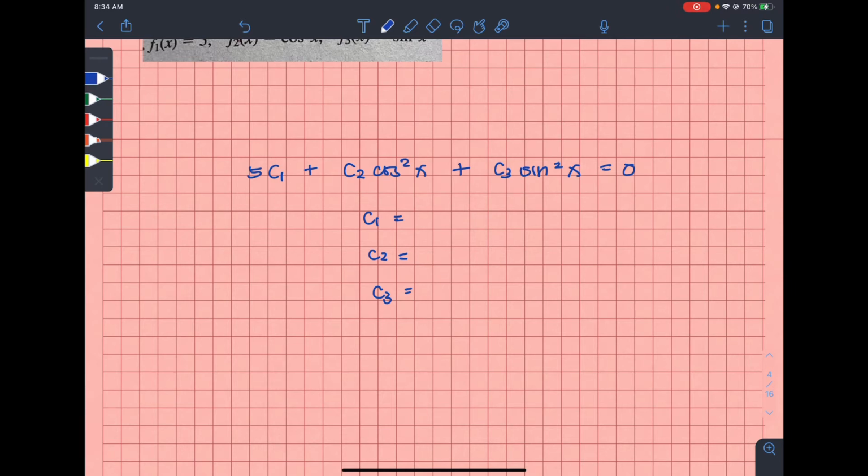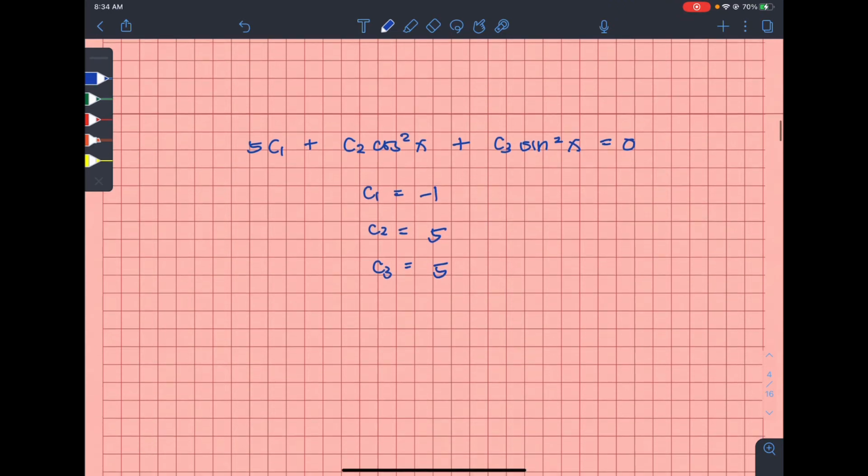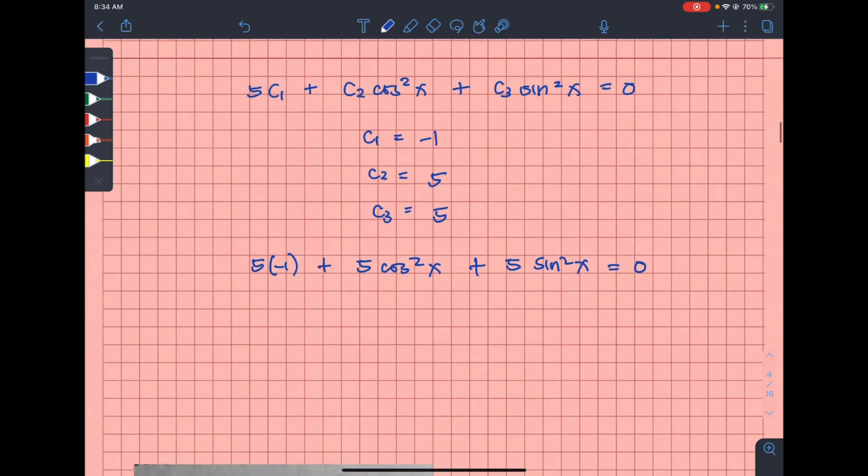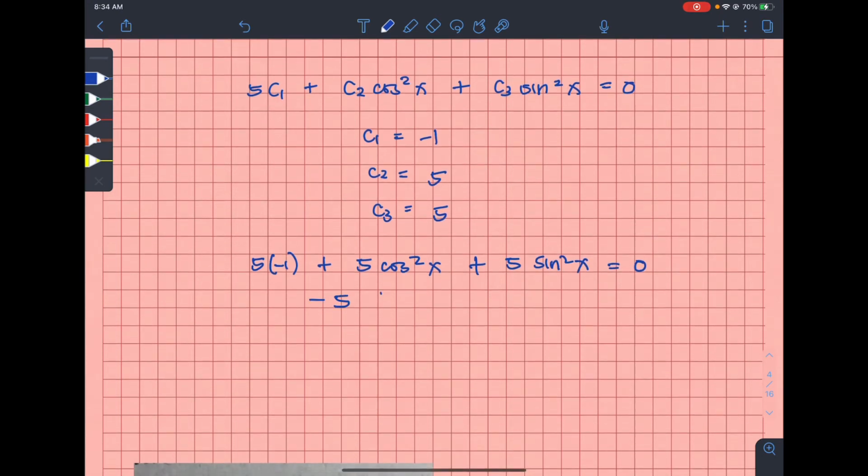So if I'm going to have C1 equal to negative 1, and then C2 equal to 5, and C3 equal to 5, that will yield 5 times negative 1, plus 5 cosine squared x, plus 5 sine squared x equals 0. So this would be negative 5, and plus, we could factor out 5, that would make it cosine squared x plus sine squared x equals 0.